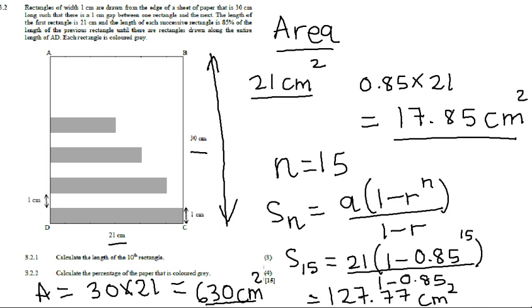And so now we want the percentage of area occupied by the shaded rectangles. It's going to be 127.77 divided by 630 multiplied by 100.